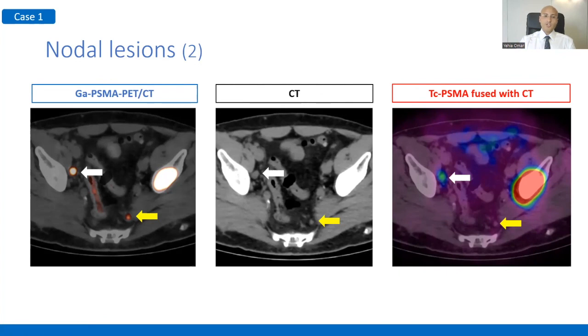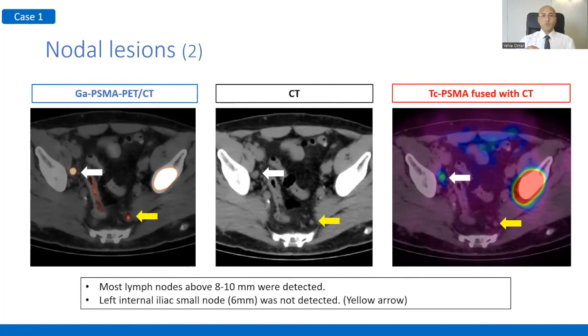So we think that the threshold of size to detect the lesions seems to be between 8 to 10 millimeters. Above that threshold, technetium PSMA can usually detect the lesions. If we go below that threshold, usually we will not be able to detect it, like in this case.